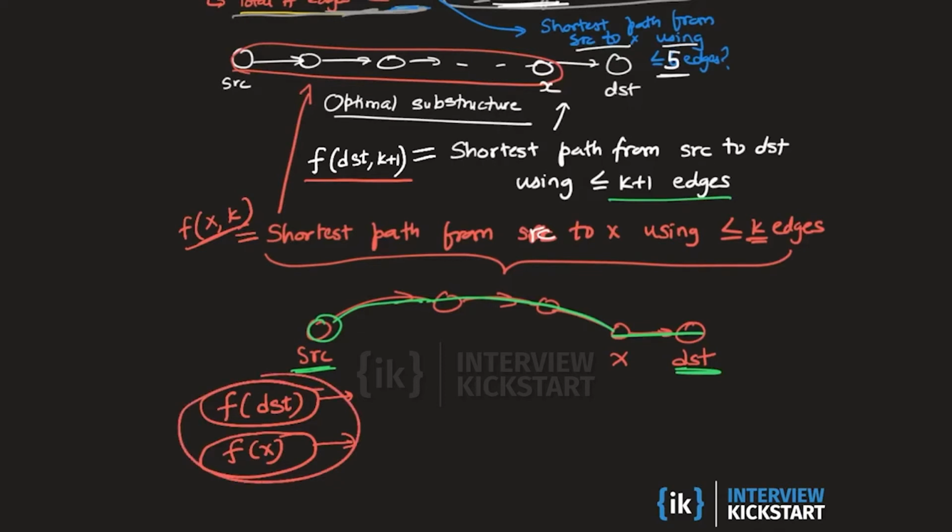But if we allow that k plus 1 to be reduced for the prefix subproblems, then we have to indicate that reduced value for the number of hops by putting the number of hops as the second parameter. And we prefer to do that because doing that introduces optimal substructure. The property of optimal substructure is important if you want to build a greedy algorithm or a dynamic programming algorithm.